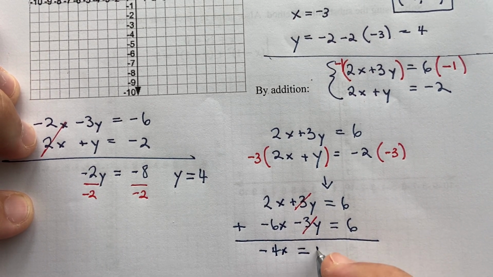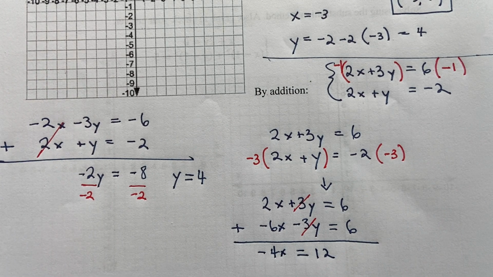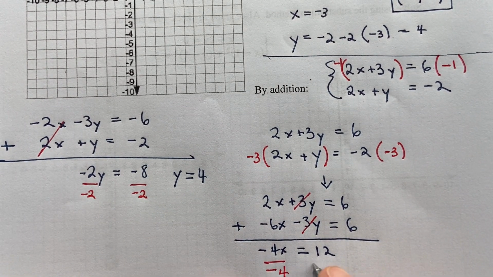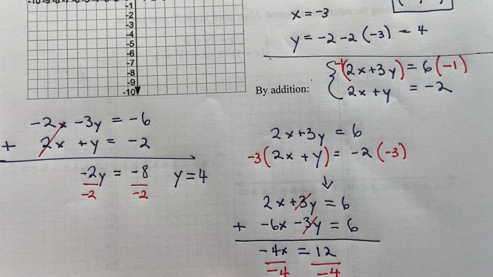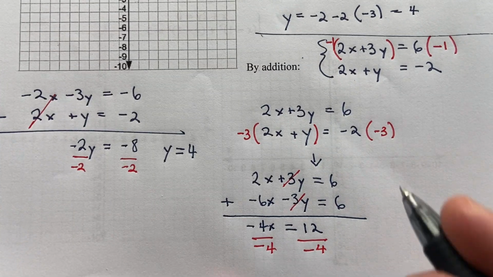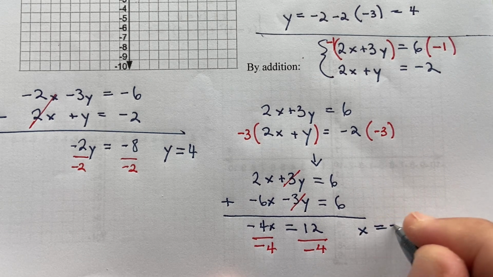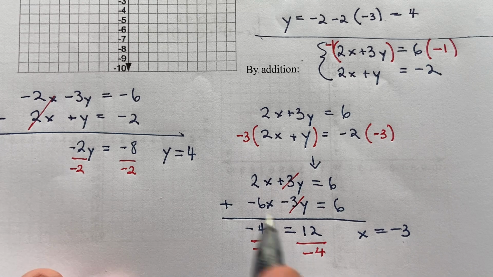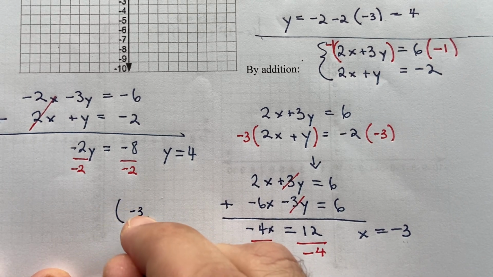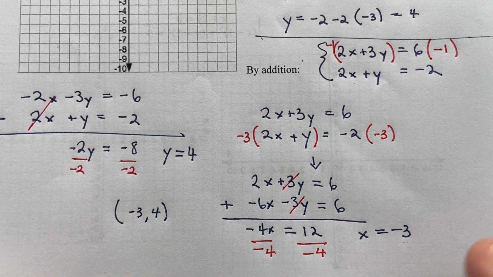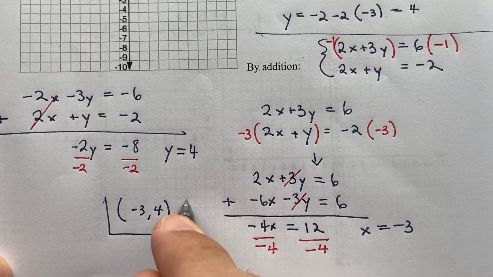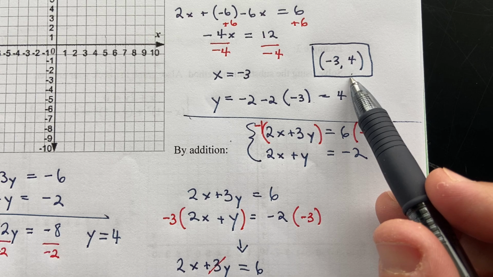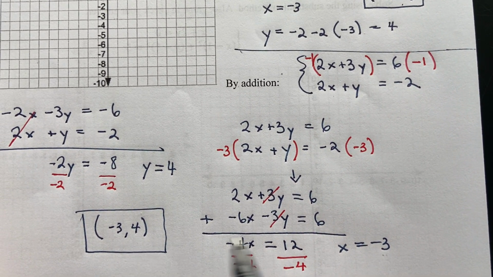And then this equals 12. Divide by -4. So x equals -3. So we got y equals 4 over here, x equals -3. In other words, we have this as our solution. Point being, it's the same solution, right? Same solution as we got before, just a different method.